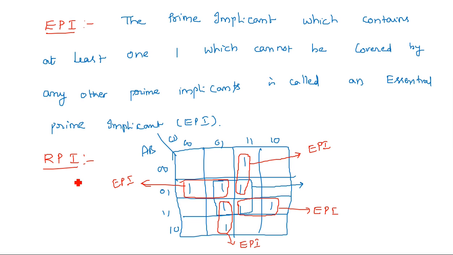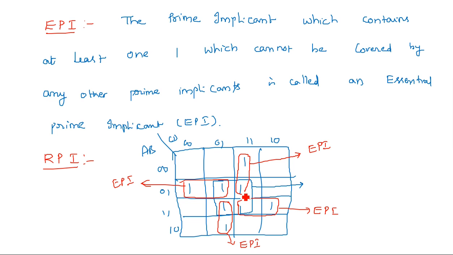Now, according to our heading, this is the redundant prime implicant. Now, if you see all these four ones, the blue color four ones which I have mapped in the beginning, those ones are covered by all these essential prime implicants. Clearly, listen clearly. These four ones at the center which I have mapped in the beginning are already mapped with all these four essential prime implicants.